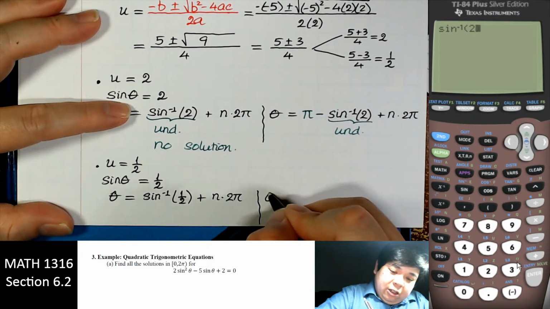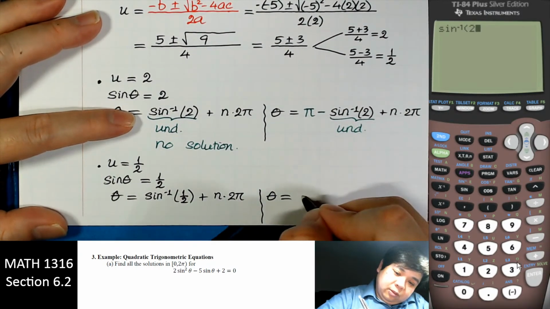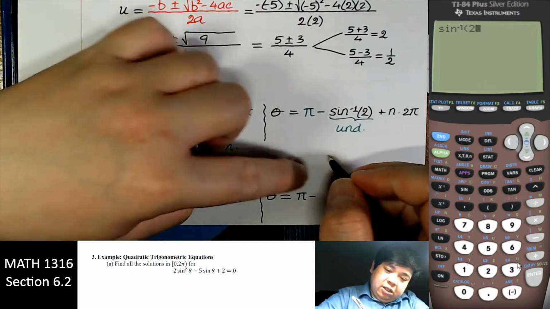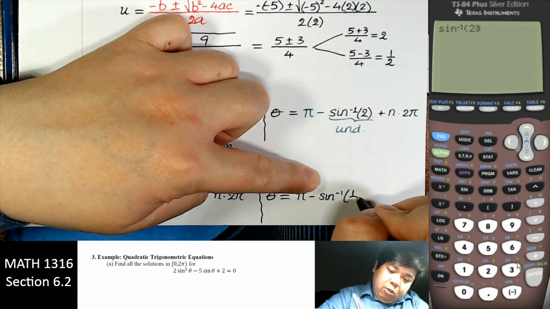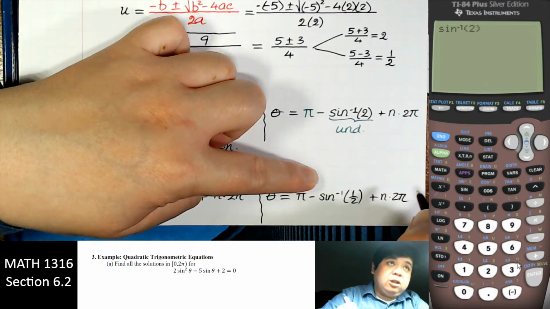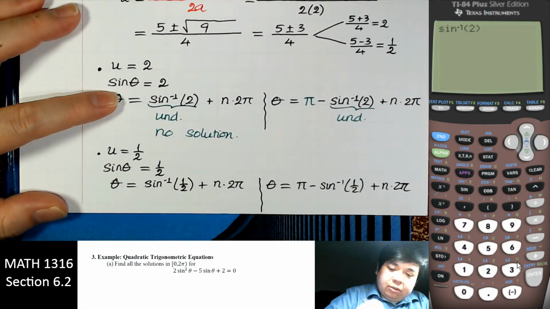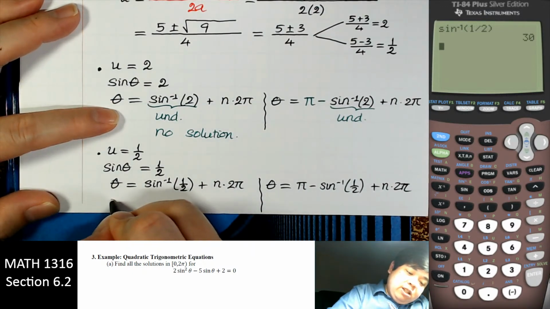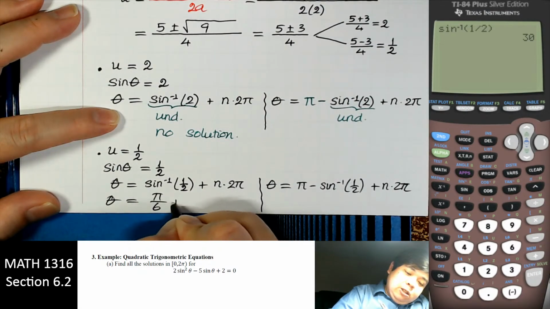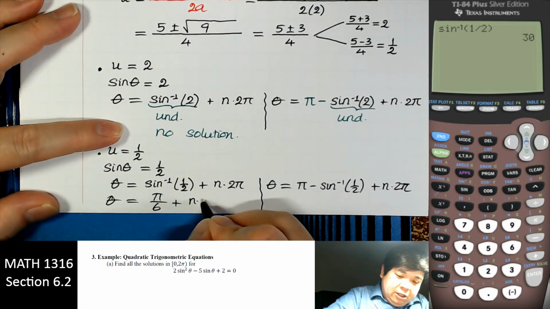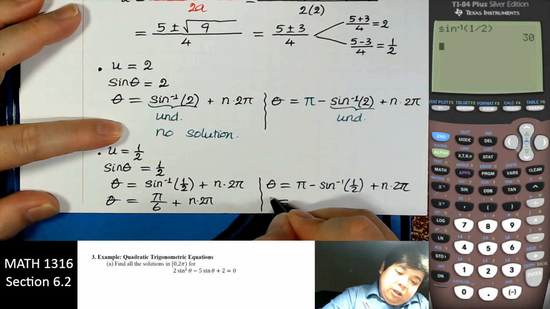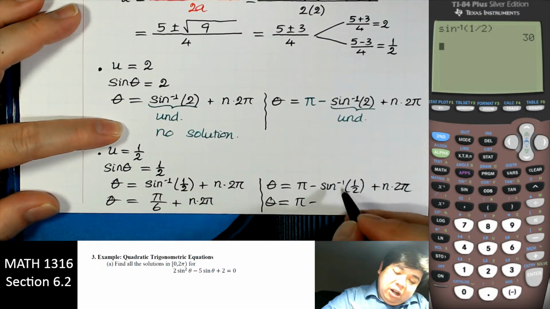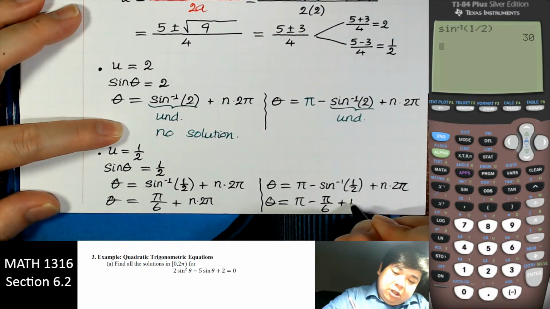The other one is pi minus sine inverse of 1/2 plus n times 2 pi. Sine inverse of 1/2 is 30 degrees, which is pi over 6. So pi over 6 plus n times 2 pi, or we can have pi minus pi over 6 plus n times 2 pi.